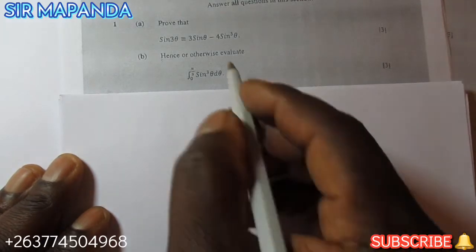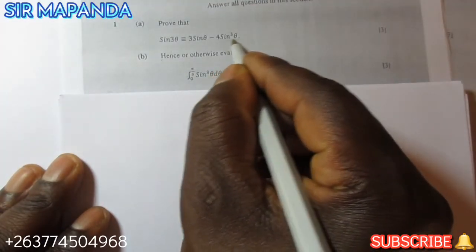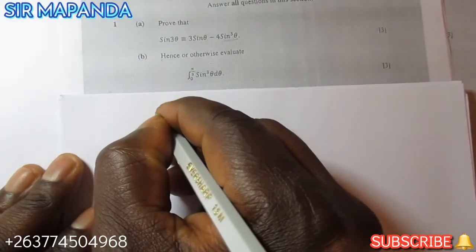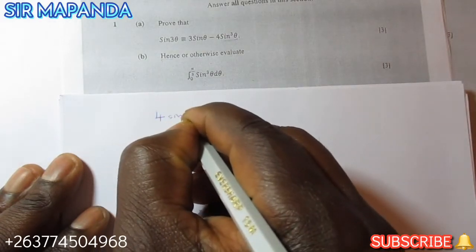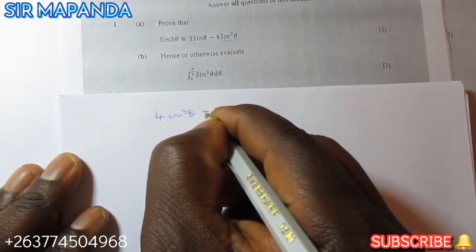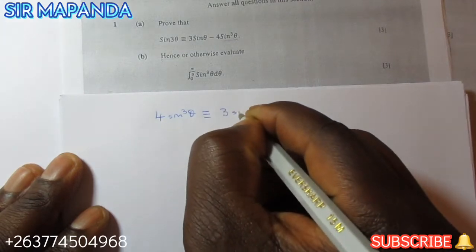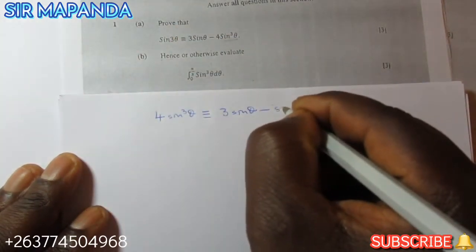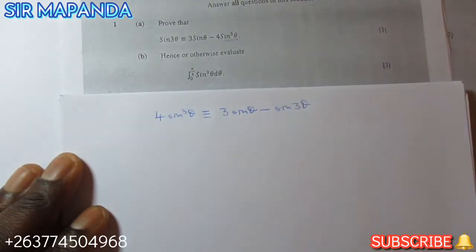So we can make sine cubed theta the subject of the formula. This can be achieved by moving 4 sine cubed theta to the left side. Then you leave 3 sine theta followed by sine 3 theta, which becomes negative sine 3 theta.